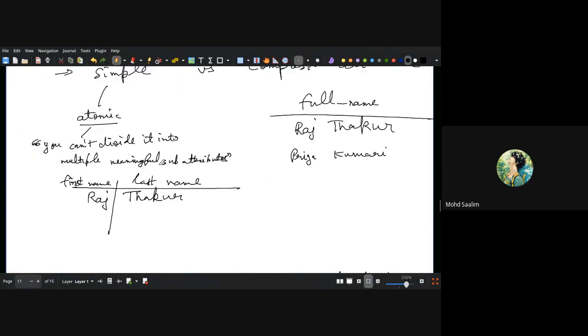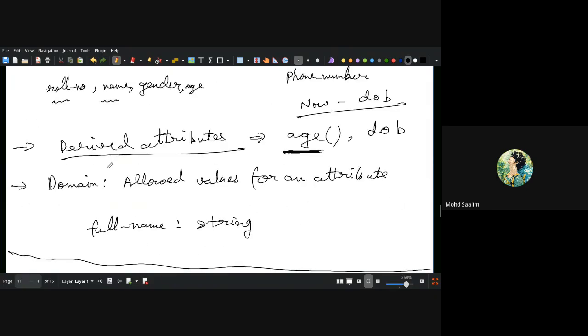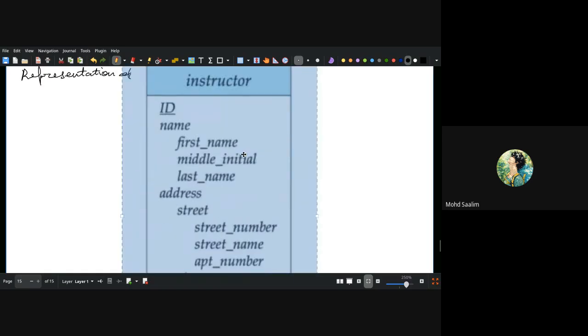But there will be special representation for composite attributes, multi-valued attributes, and derived attributes. So the representation is this one.